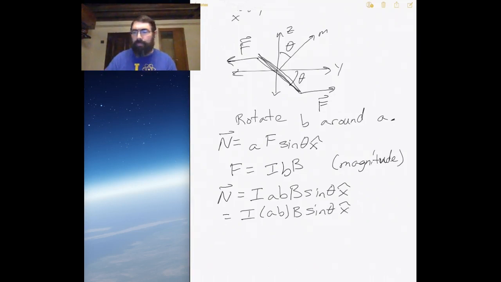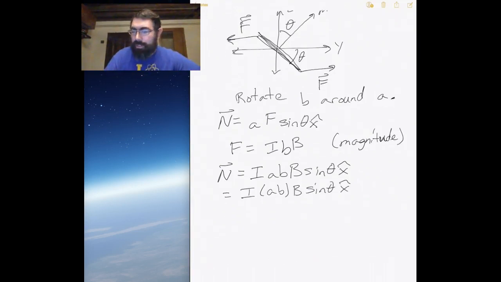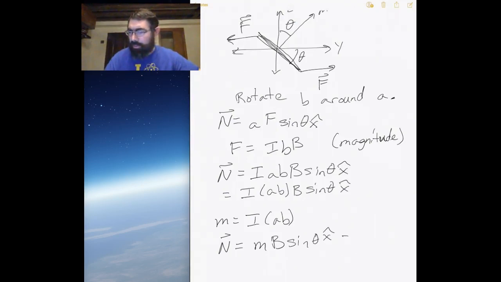Now a current times an area is the magnetic dipole moment. And so the torque I can now rewrite as m B sine theta in the x direction, or the magnetic moment crossed into the magnetic field.